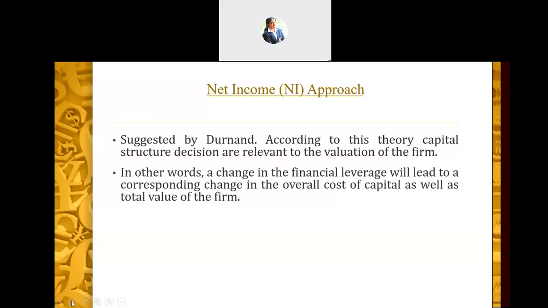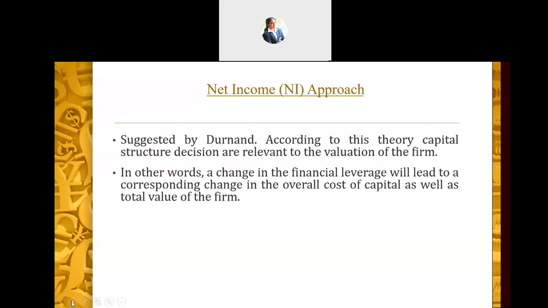Now, moving forward, if the degree of financial leverage is increased, the weighted average cost of capital will decrease. This degree of financial leverage is usually measured by debt and equity.